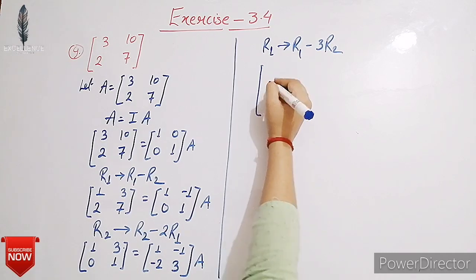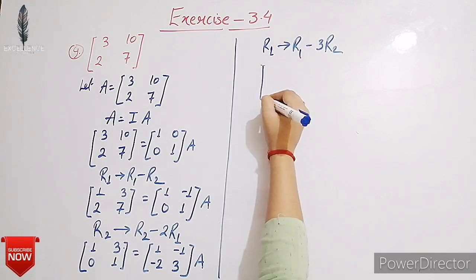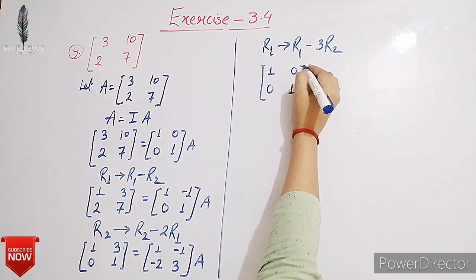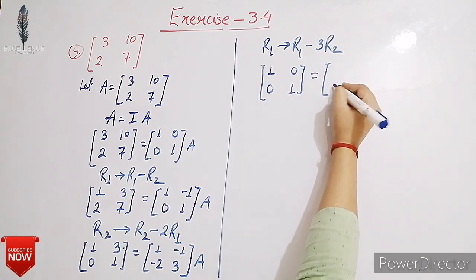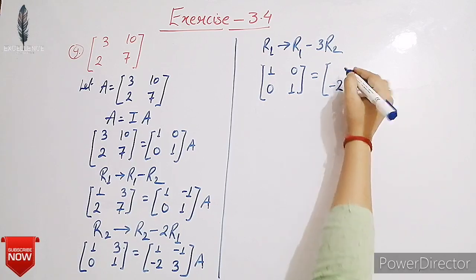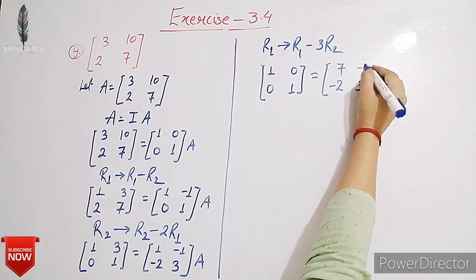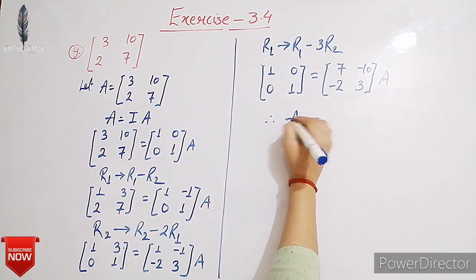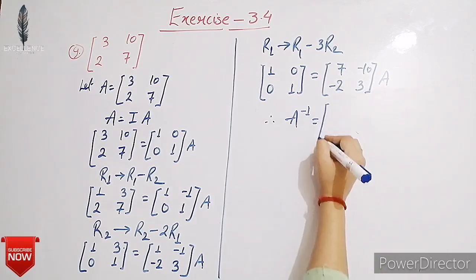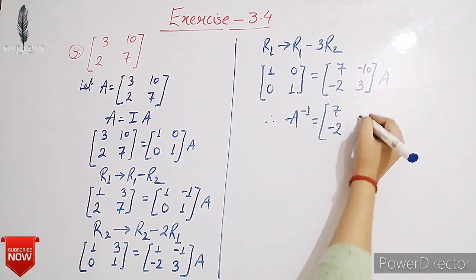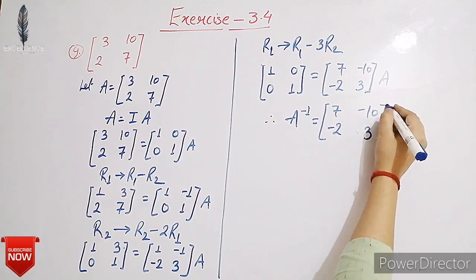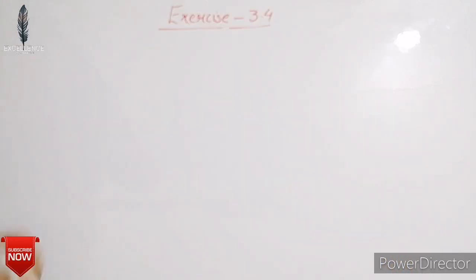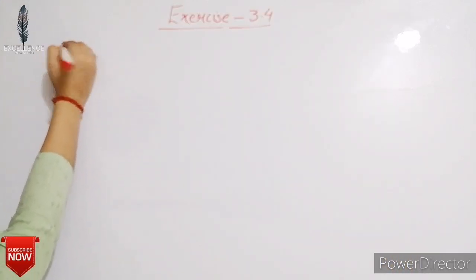Then we get R2 is same 0 1 and R1 becomes 1 0 is equals to, here also R2 is same and R1 becomes 7 and it is minus 10. A. Now clearly we have A inverse is equals to 7 minus 2 minus 10 3. Okay, clear? Let's see the question number 10.